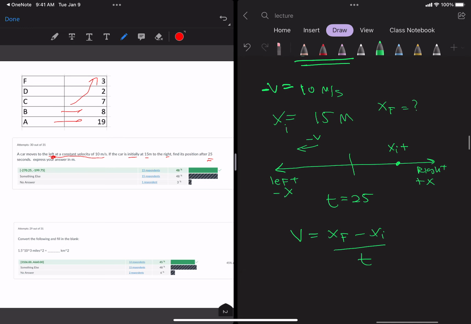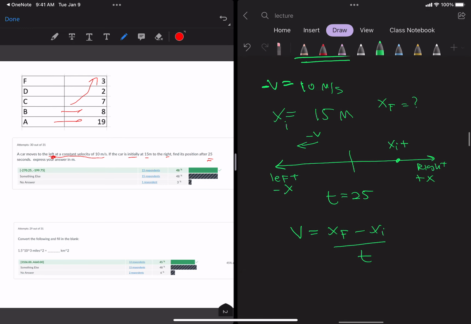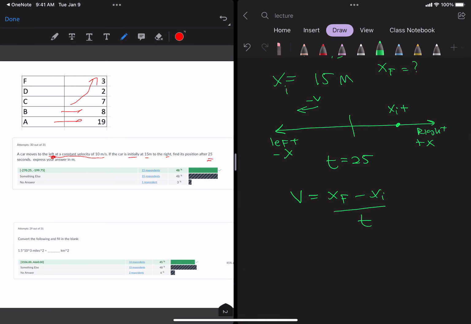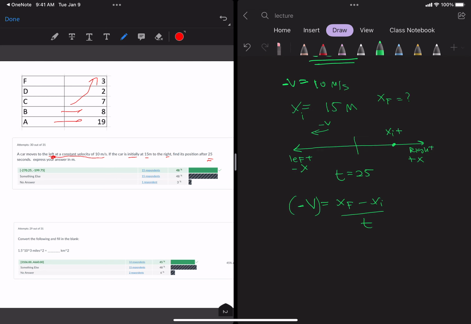The only thing is that you have to include the proper signs. So when you insert, the velocity should actually be negative, and the initial position should be positive. And that's really it. And you just want to solve this equation for x final.